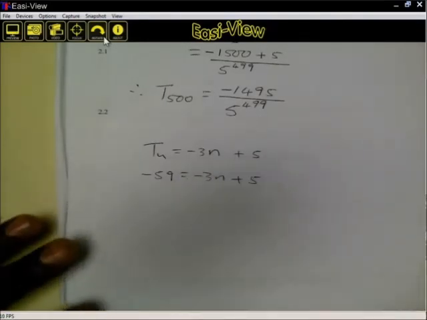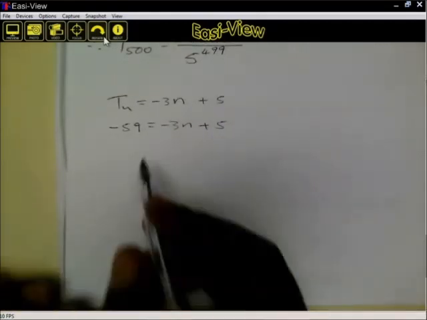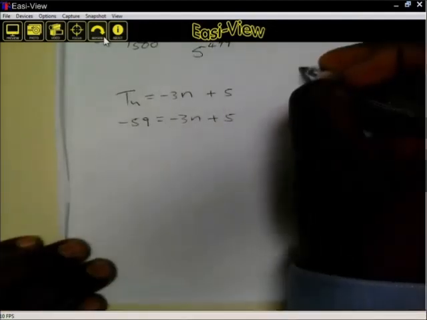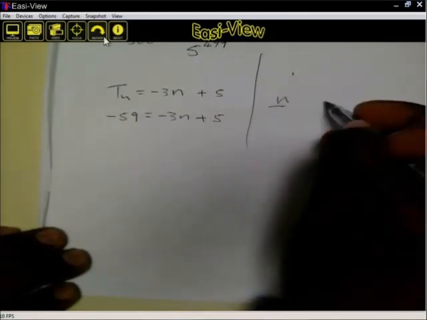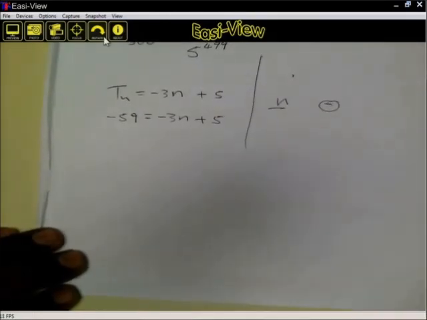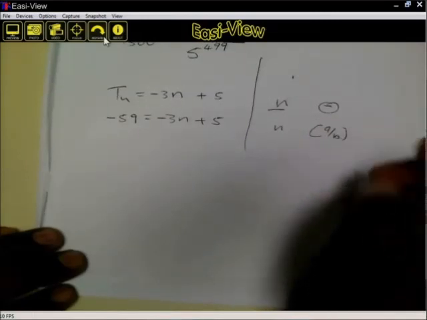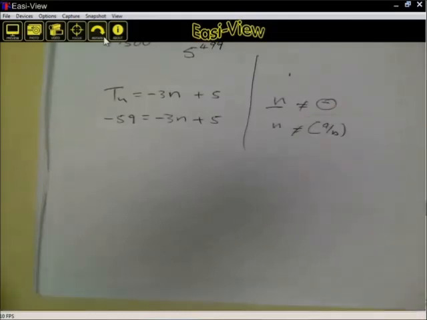Now, before I even work this exercise out, I must indicate to you that n, the value of n, can never be negative. N can never be a fraction or a decimal. N cannot be negative because we cannot talk about negative 5 number of people, because it deals with number of terms.